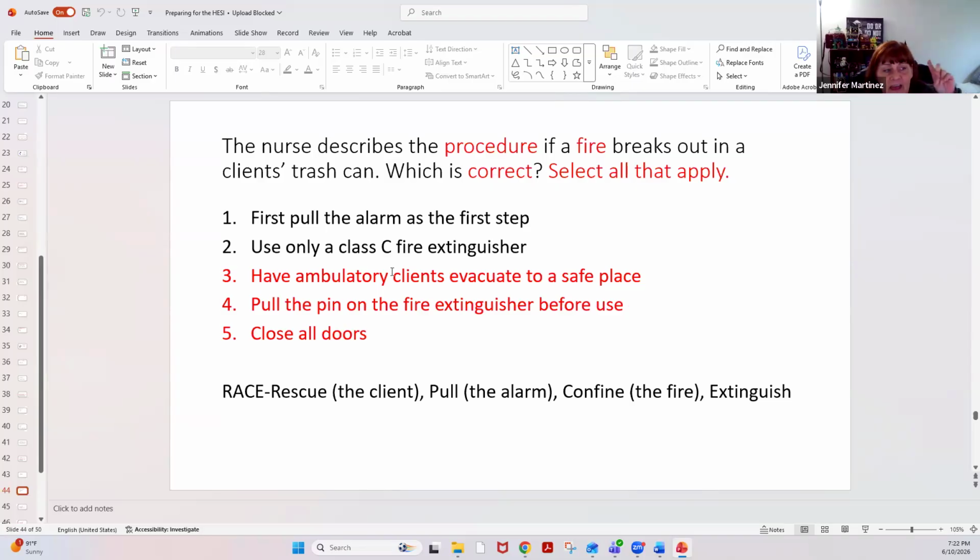Then after rescue, we pull the alarm. Then closing the doors would also be confining. So you want to close the door, pull the pin before use. All right. So PASS: pull, aim, squeeze, sweep.